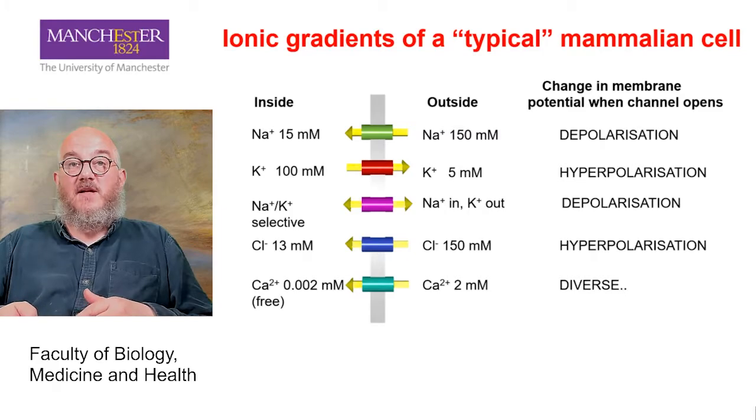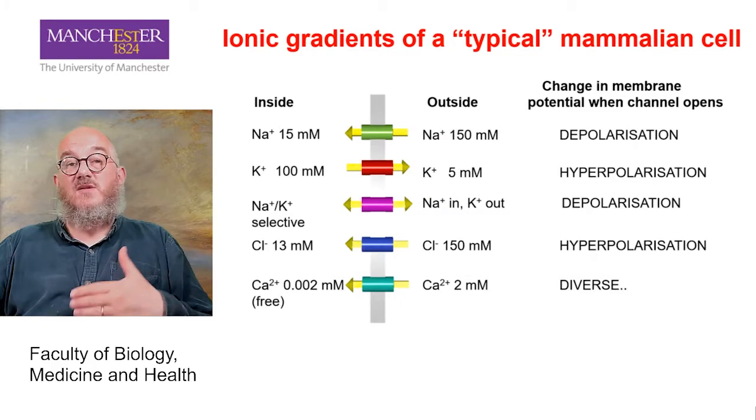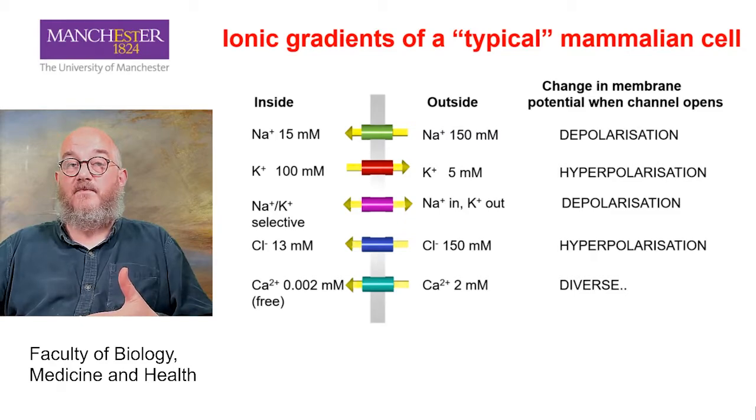So sodium is going to flood through this channel and the membrane will depolarize. So the charge inside the cell will become more positive. If we open a potassium selective channel, potassium will move from the inside to the outside, and that's going to cause the membrane to become even more negatively charged, so we'll see hyperpolarization.